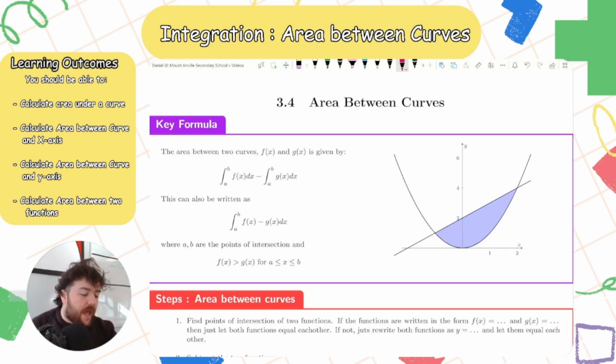So I can do this. Why can I do this? Let me go to GeoGebra and set it up.